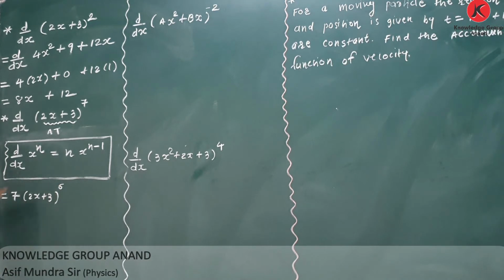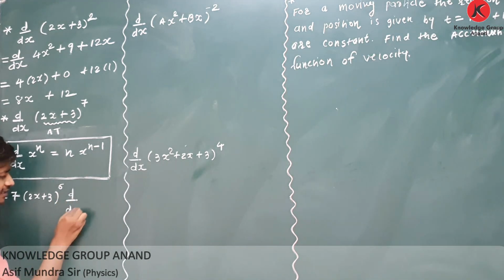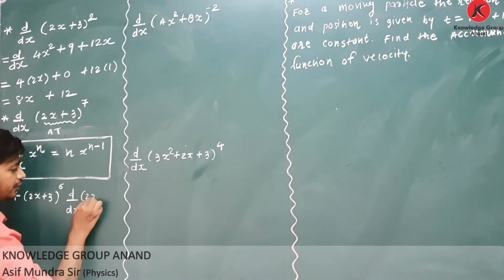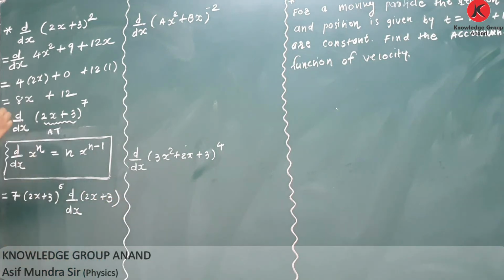Clear about this? Now this 2x plus 3 is an additional term, so you have to differentiate this additional term again and multiply with this term.